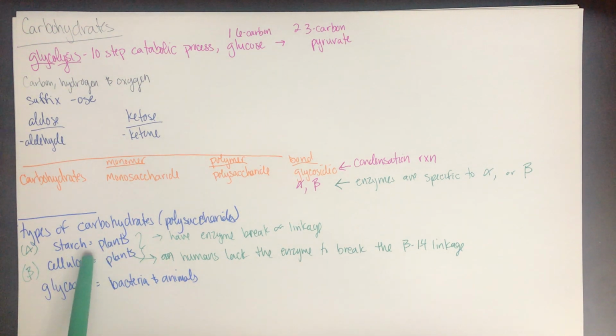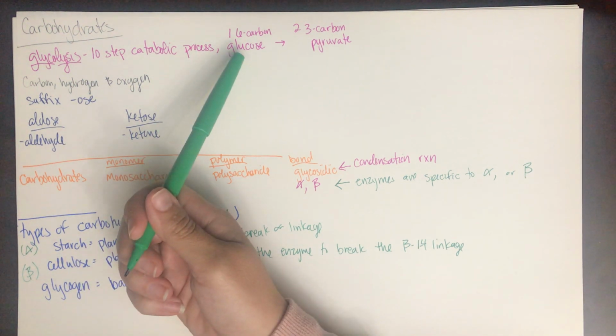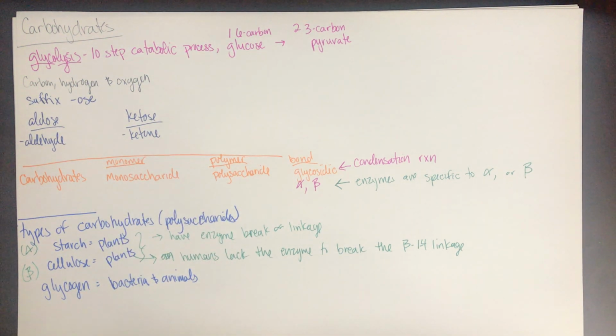We can break those starch molecules apart into individual glucose molecules and then put that glucose straight into glycolysis to make energy in the form of ATP. So plants can store carbohydrates in two ways, as starch or cellulose. Starch provides energy for us because we have the enzymes to break that alpha linkage. Cellulose does not provide energy to us because we lack the enzyme that breaks the beta linkage.